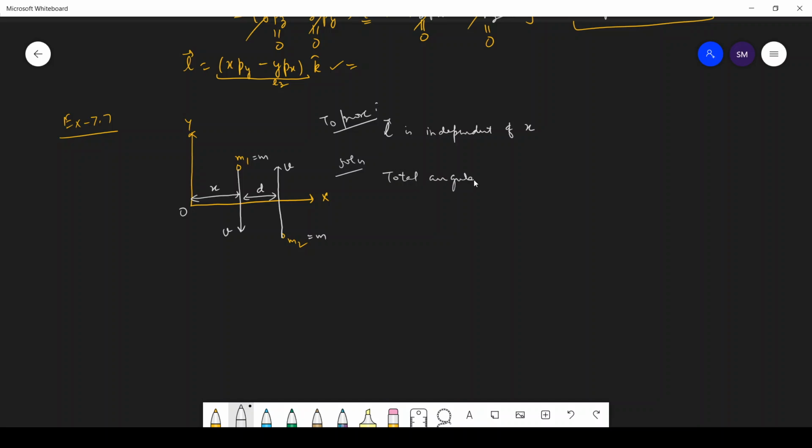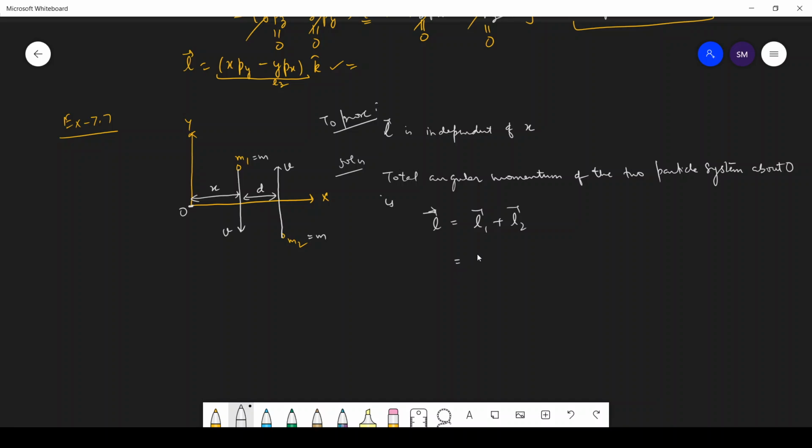So total angular momentum of the two particle system about O is L equals, adding the momentum of both the particles gives the total momentum of the system.